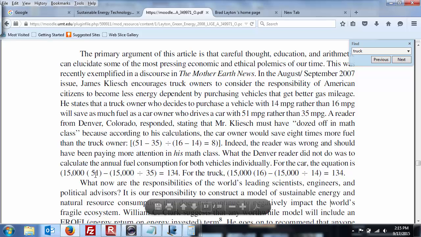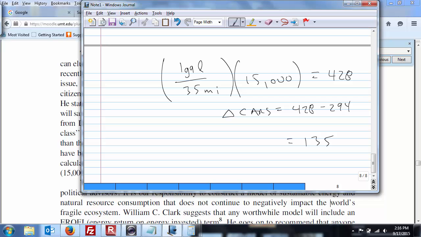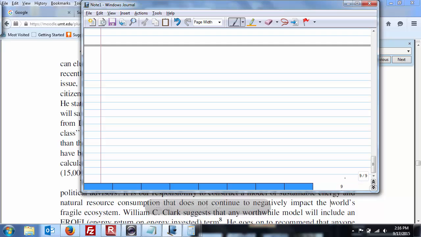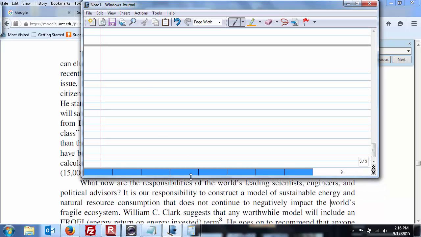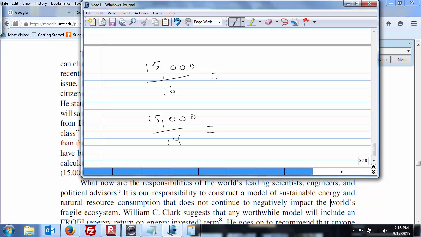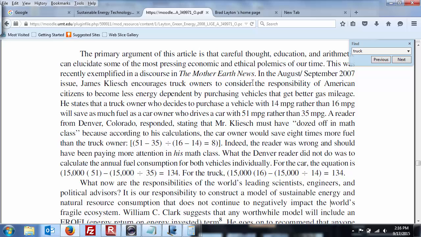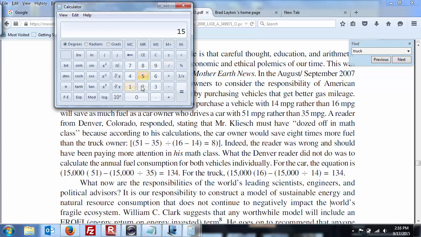This whole thing, it's really hard in a paper like this on one line to get the thing right, but that's exactly where that number comes from. So let's do the next one. So for the truck, and I'll just do this a little more quickly, 15,000 divided by 16 equals 937.